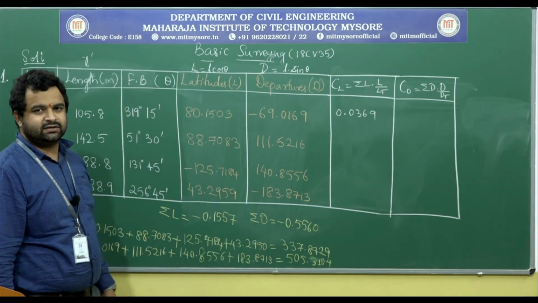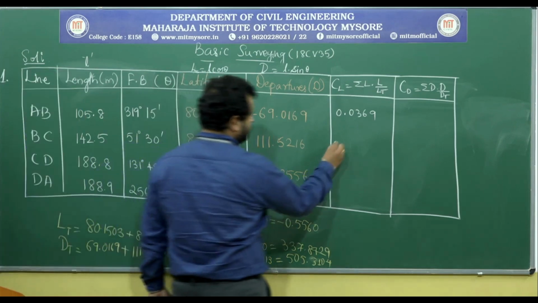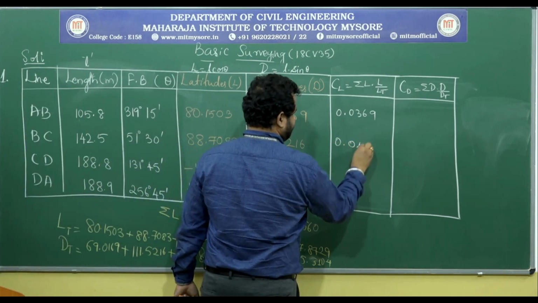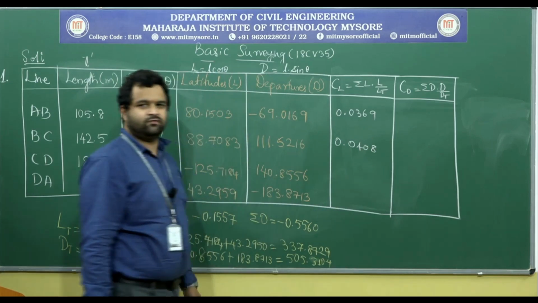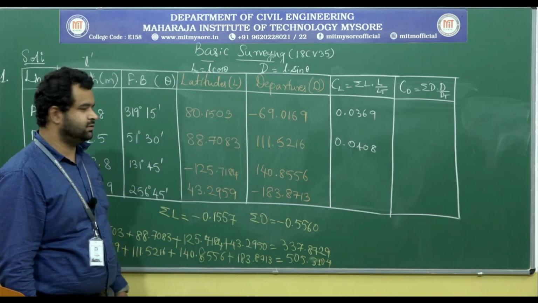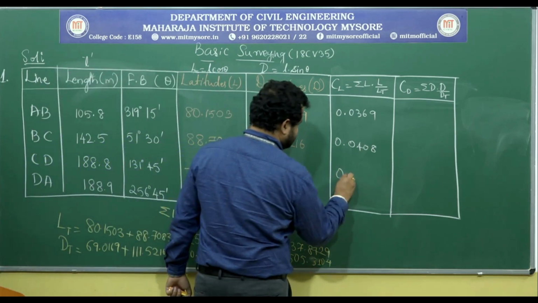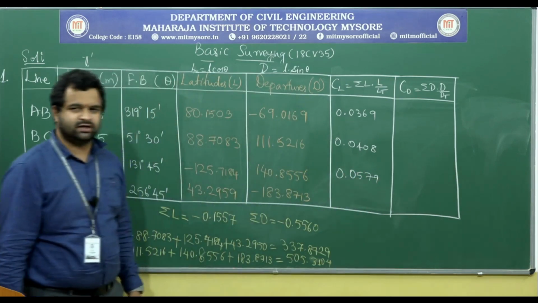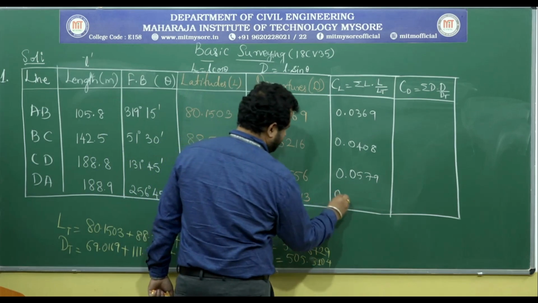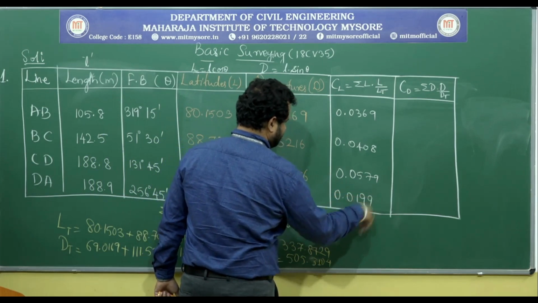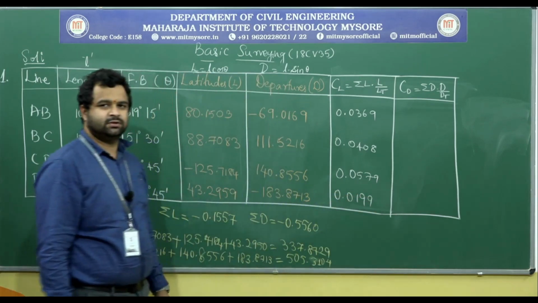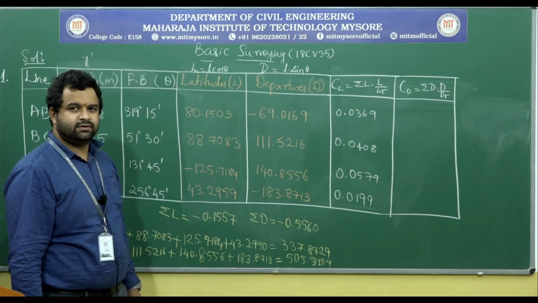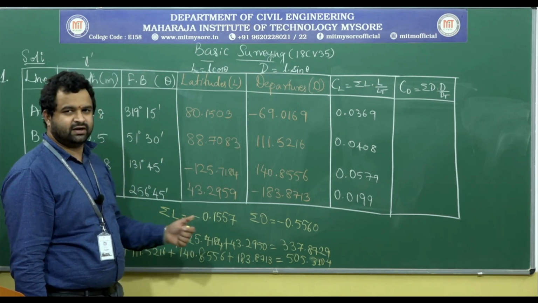Next, for the second line, CL is equal to 0.0408. Next line, 0.0579, and for the last line it is 0.0199. These are the corrections we have got for latitudes, CL for different lines.